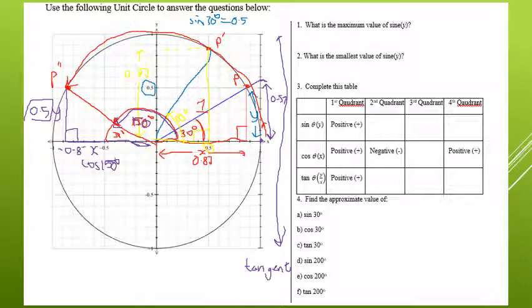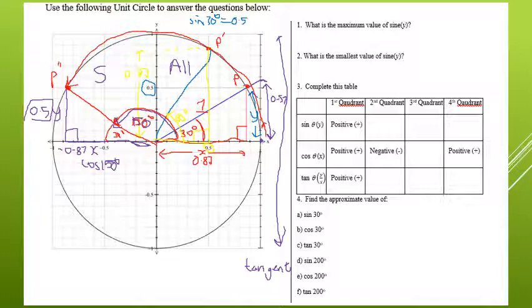So we find cosine is negative in this second quadrant. In fact, they're all positive here: sine, cos and tan are all positive in the first quadrant. In this quadrant here, we find only the sine is positive. We'll write this all in a minute.